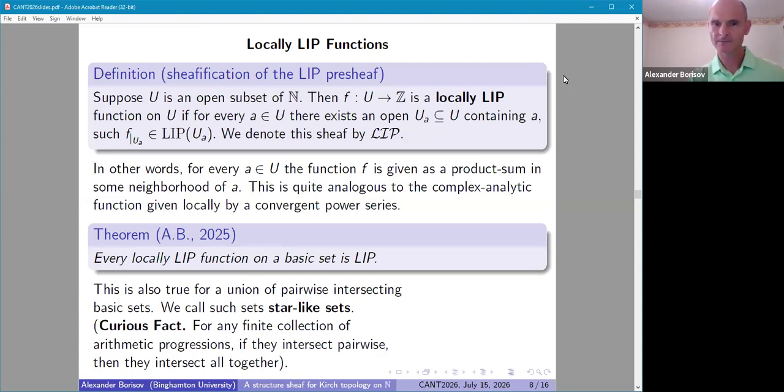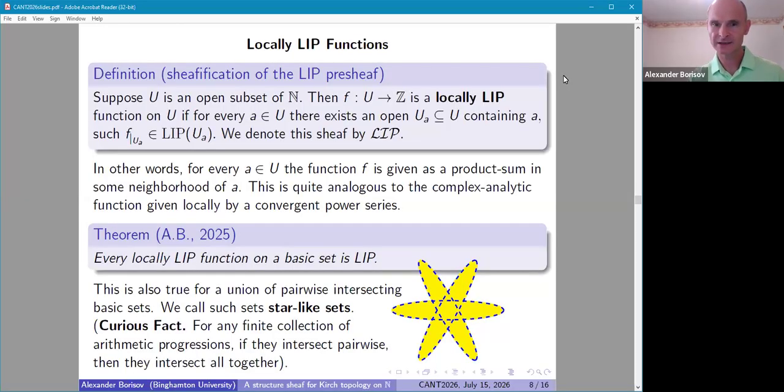And there's this curious fact that if you have any finite collection of arithmetic progressions, if they intersect pairwise, then in fact they have a common intersection. We call these sets star-like sets. This is a schematic picture of a star-like set. The ovals are the basic sets, and they all intersect at some point.